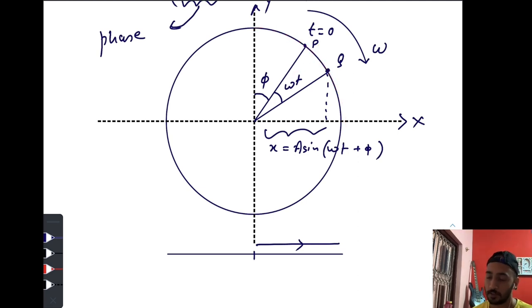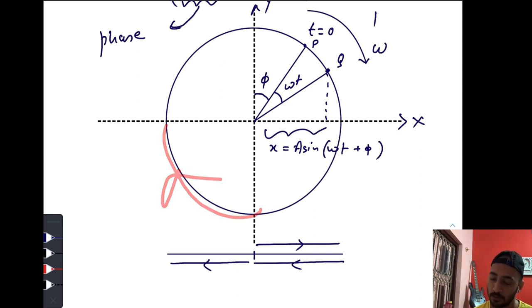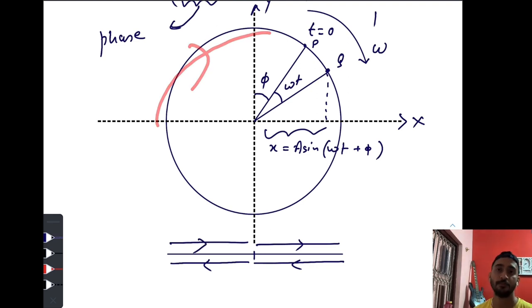So this is our region 1. When the particle returns from here to here, in the circular path the motion is in this region. When the particle goes to the extreme left, then in the circular path it is this one. I hope you all have got the idea.